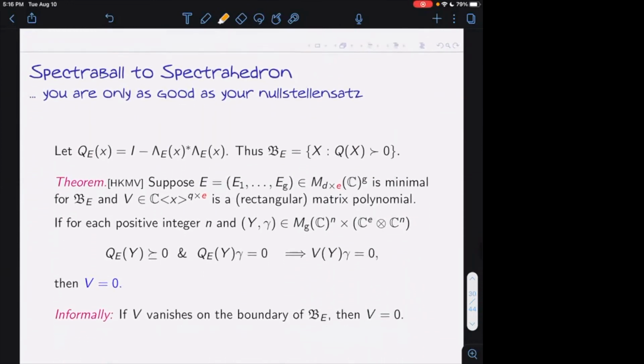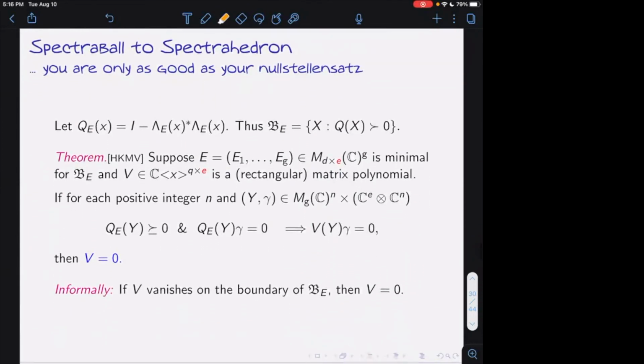Yeah, and then maybe I'll say just a little bit about an interesting ingredient in the proof. Let me introduce some notation. QE will be just I minus lambda E star lambda E. And then the spectral ball BE can also be realized as the set of those tuples of matrices X where QX is positive definite.